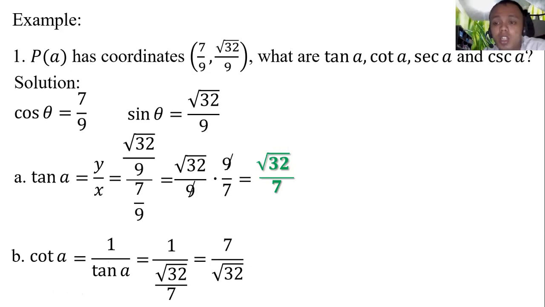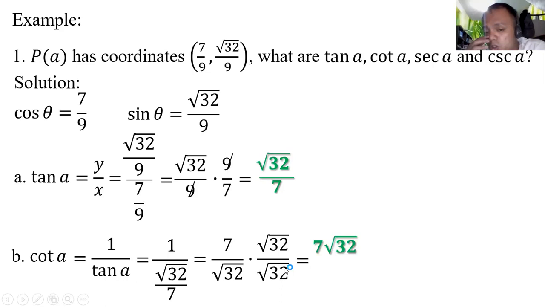We need to rationalize it. To rationalize, we will multiply both numerator and denominator by square root of 32. So 7 times square root of 32 is 7 times square root of 32. Square root of 32 times square root of 32 is 32. So your cotangent A here is 7 times square root of 32 over 32. Okay, so ito yung magiging cotangent natin. Wala nang lowest term, no? Kasi wala namang common factor yung 7 and 32.